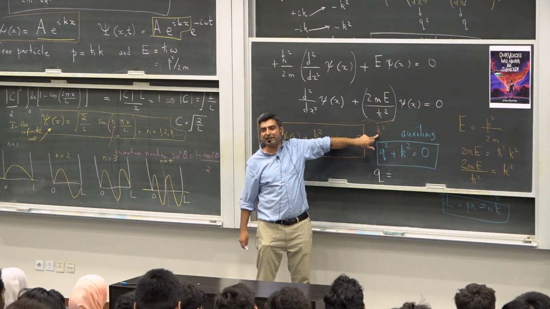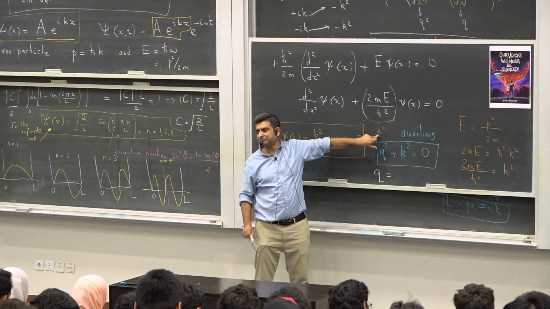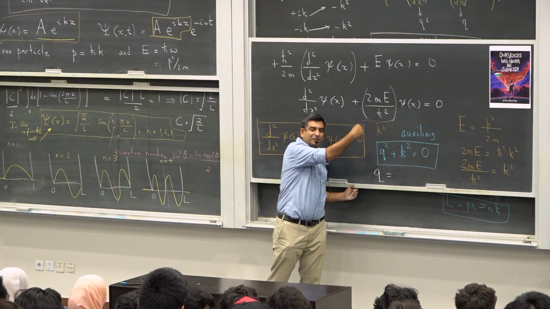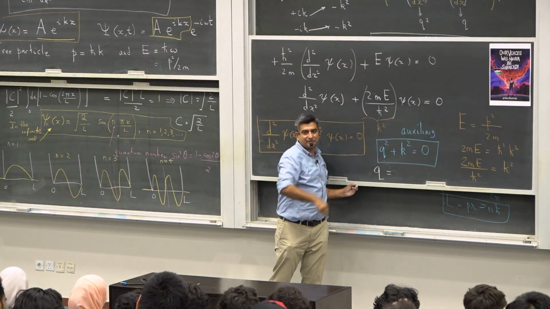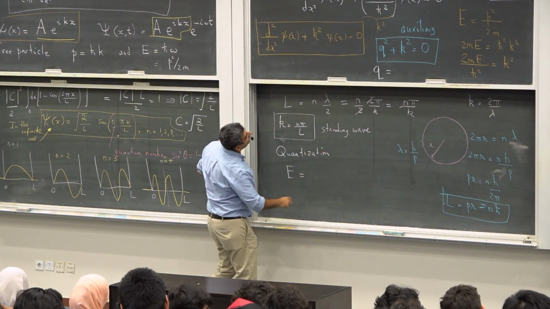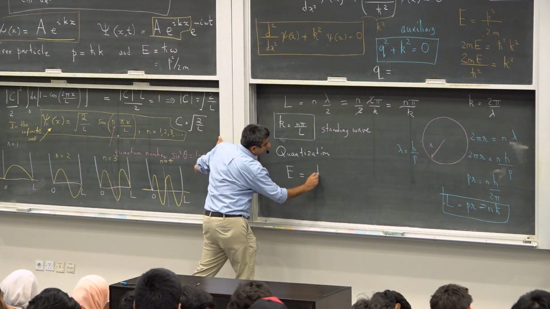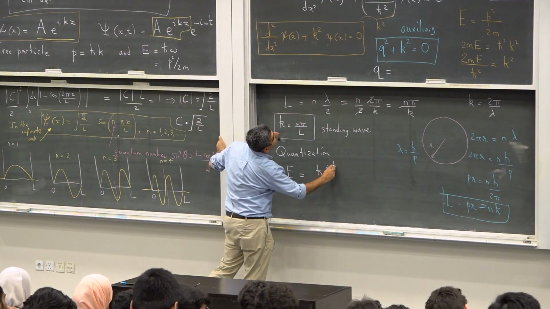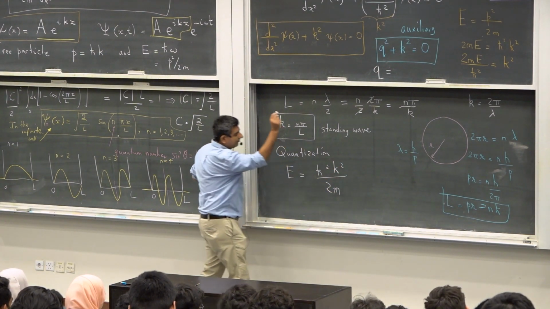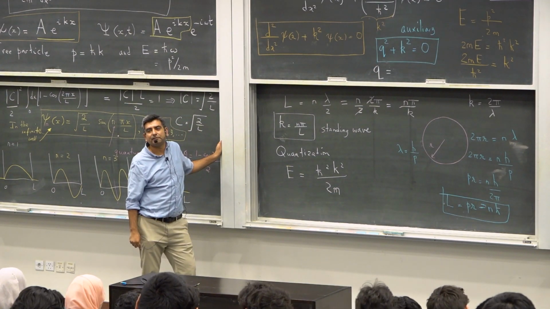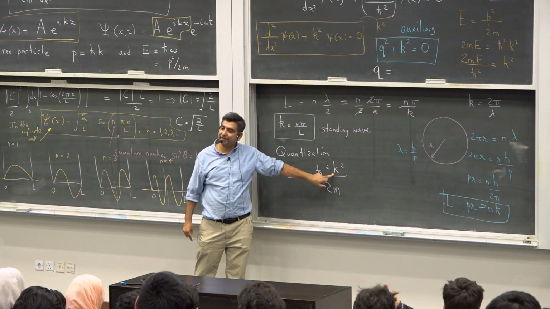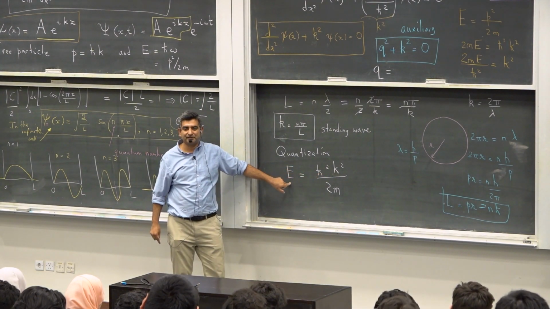This is our relationship: 2mE over h bar squared has been put equal to k squared. Let's reverse this. We wound it, let's unwind it now. So this means that my E is h bar squared k squared over 2m. Now is k quantized? k is quantized, so energy must be quantized.